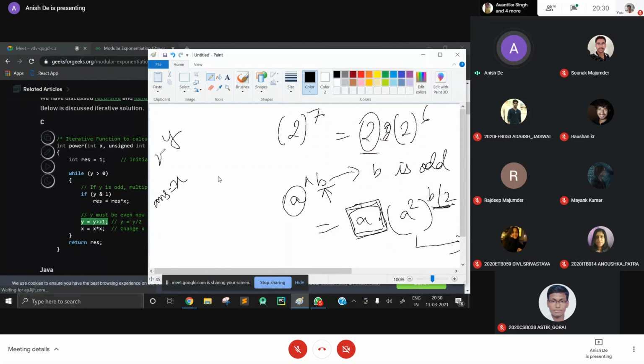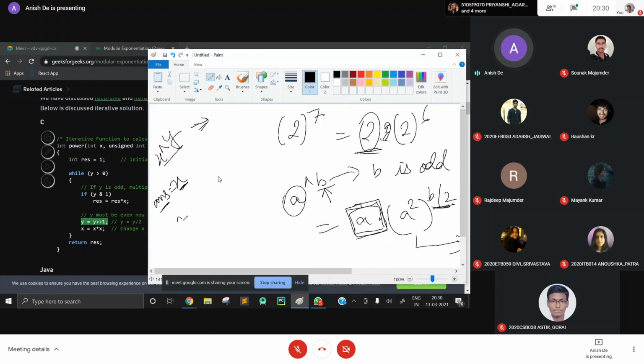So basically, if we have to find x to the power y, we check if y is odd, then we multiply x to the answer from beforehand, because if y is odd, there will be one extra x coming like this.